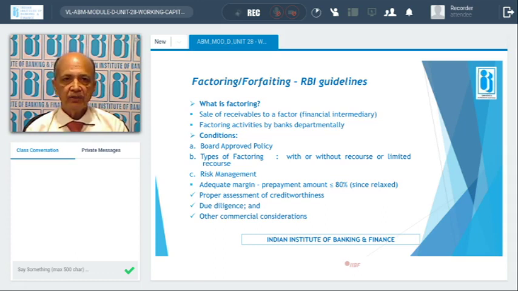As per the earlier guidelines, banks could not consider beyond 80% of the invoice value or receivables value under factoring.